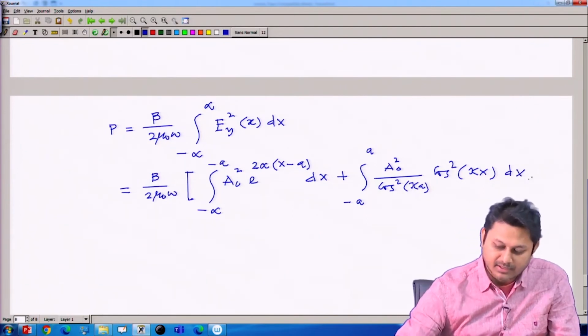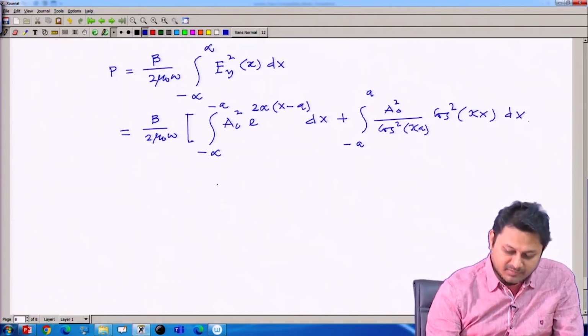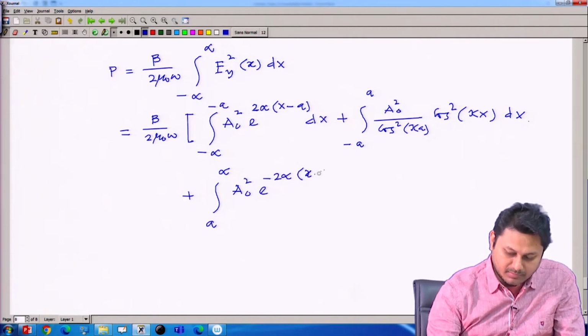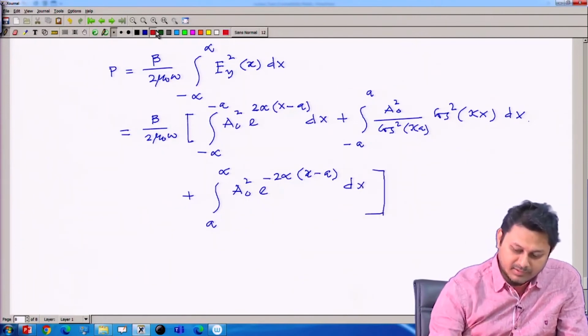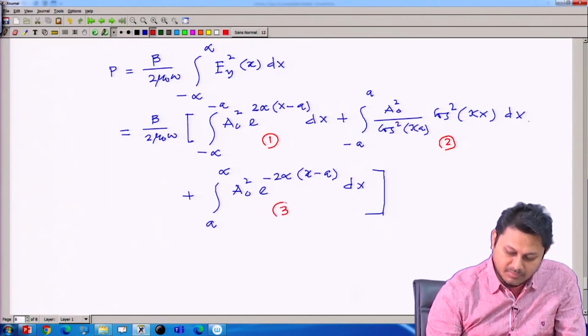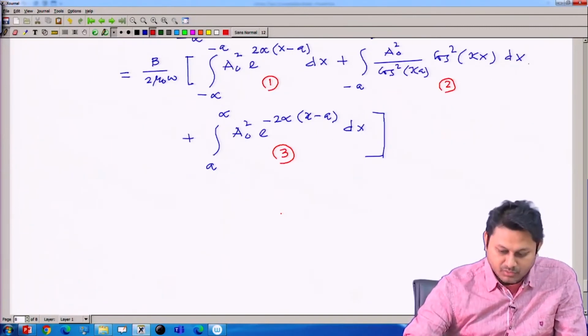That is the second part, and the last part, a to infinity, a 0 square e to the power of minus 2 alpha (x minus a) dx. So, all the three parts, this is 1, this is 2 and this is 3. Three integrals we need to execute.